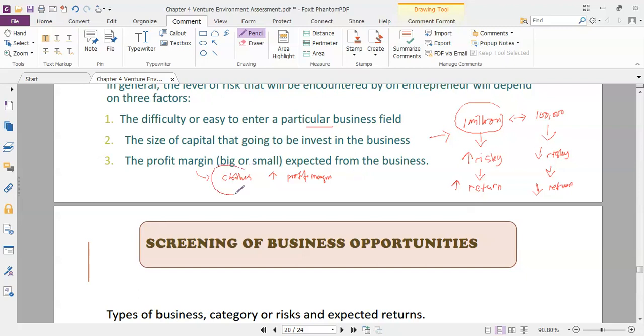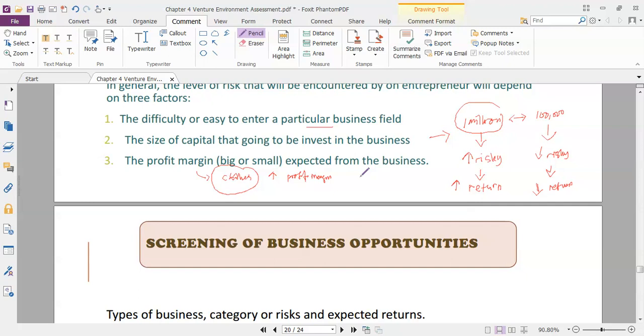The clothes business, nak jual baju, jual pakaian, buka business baju. The cost is very high, expenses is higher. Nak beli baju-baju tu sangat tinggi, tapi kalau kita nak jual dia kepada customer, the profit is lower saja, dapat sikit saja.